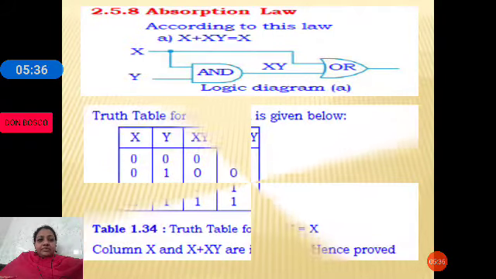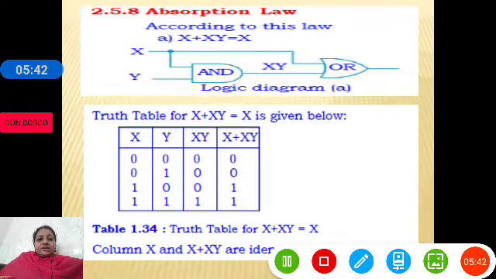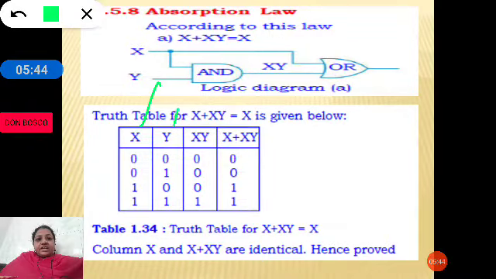Next, let us prove this using the truth table method. As we see here, there are two variables x and y. When we AND 0 and 0 it is 0, 0 and 1 is 0, 1 and 0 is again 0, 1 and 1 is 1.